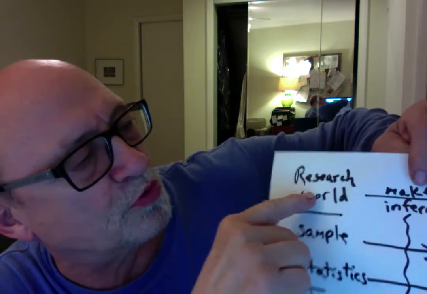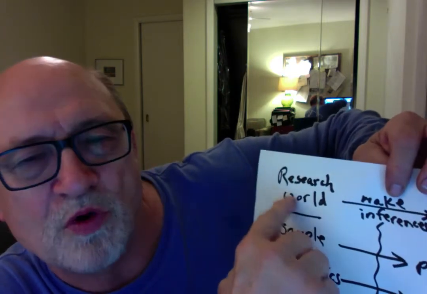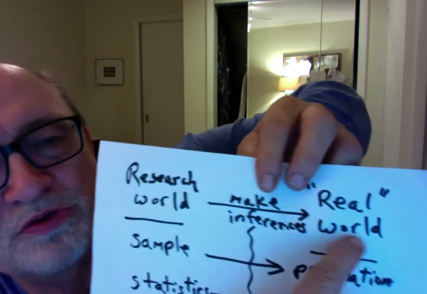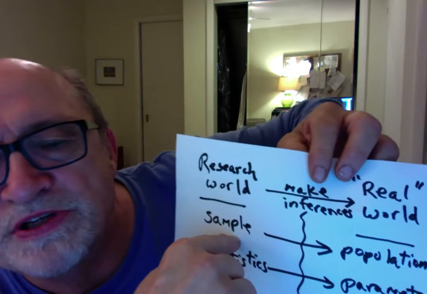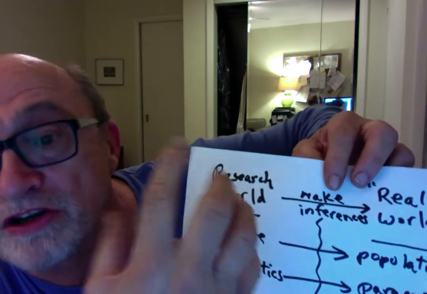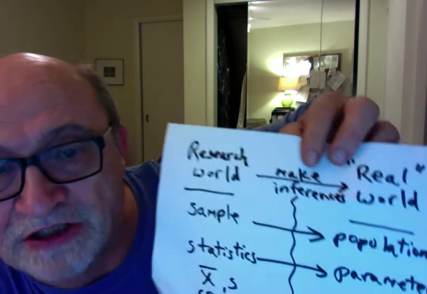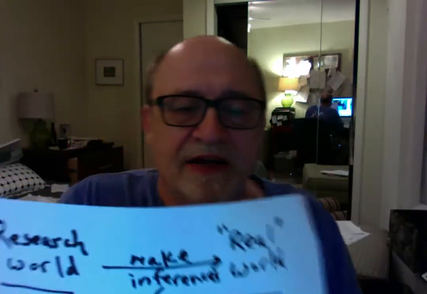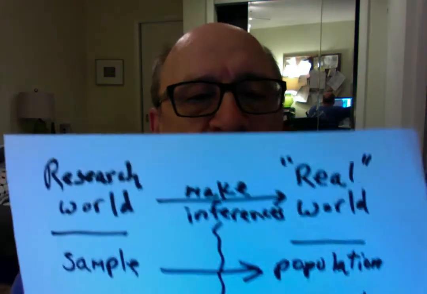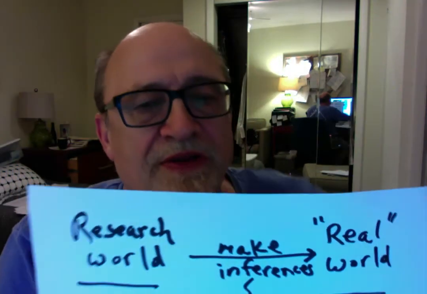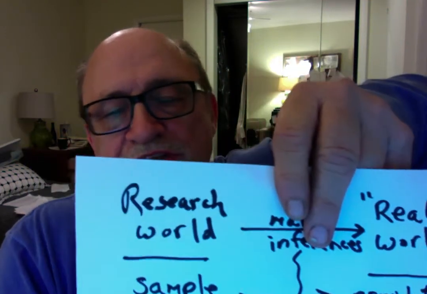So in our research world, we make inferences from what we get in our research world to that larger population. Now, in our research world, the subset of people in the population is called our sample. They're the people we're going to actually measure things about. And in fact, we get information from that sample and we make inferences to that larger group. The population is what it's called, the large group out there that we're really interested in.